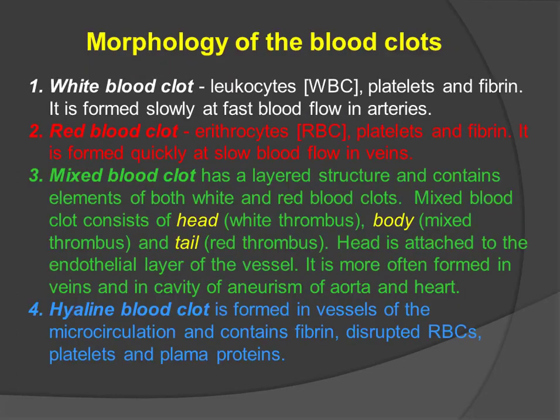Depending on the location and the condition of the formation of the thrombus, the following types of thrombi can be distinguished. White thrombi, composed of platelets, fibrin, and leukocytes, are formed in rapid circulation, mainly in arteries. Red thrombus, composed of platelets, fibrin, and red blood cells, is formed in slow blood flow, mainly in veins.